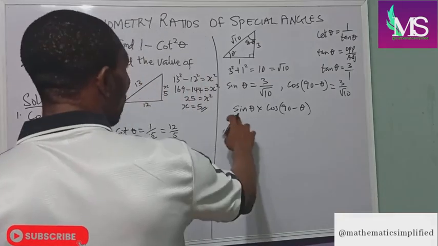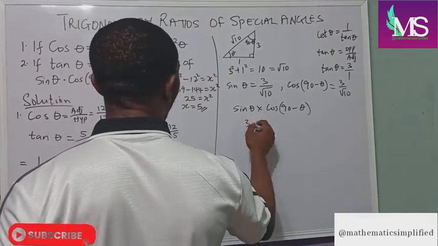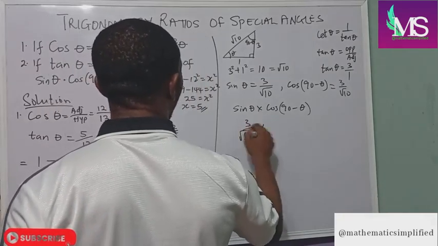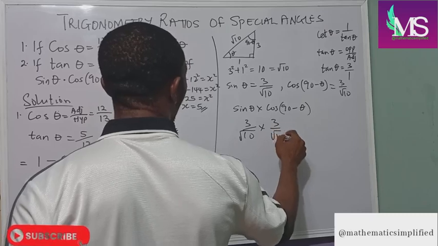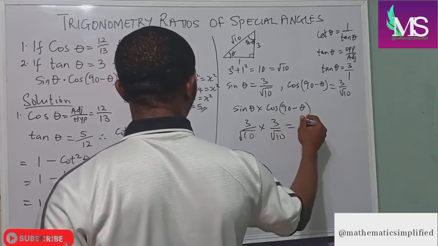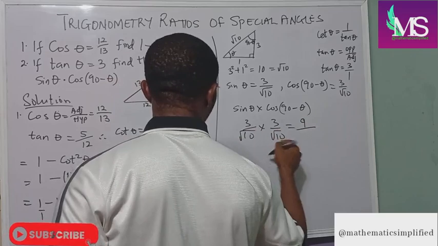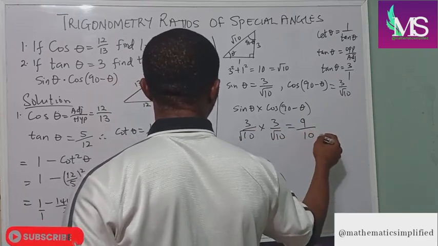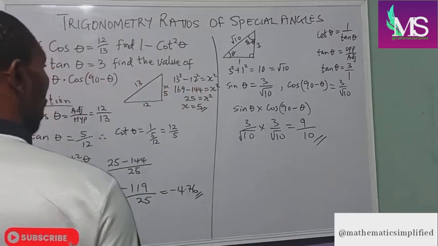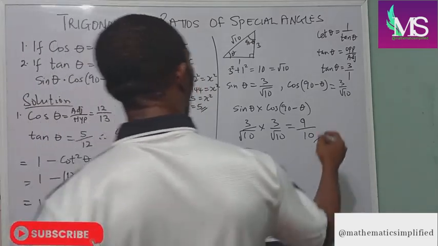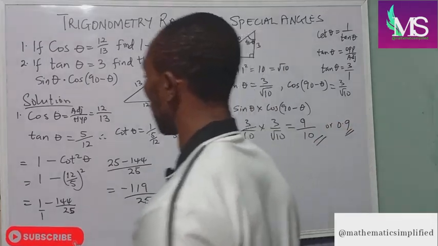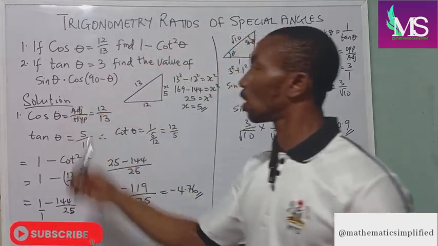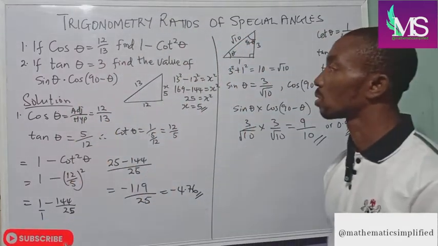Now, sin theta will give us 3 over root 10 times 3 over root 10. This will give us 3 times 3, 9, all over root 10 times root 10, 10. So our answer will become 9 over 10, or 0.9, as our answer for sin theta times cos 90 minus theta.